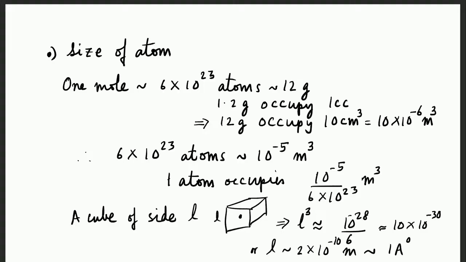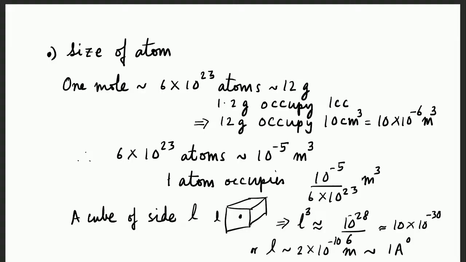But now we are also told that 1.2 gram occupy 1 cc, that's the density of carbon. So now 12 grams occupy 10 cc, 10 centimeter cube, which if I convert to meter cube, you multiply by 10 to the minus 6. So now Avogadro number of particles is in this volume, 10 to the minus 5.